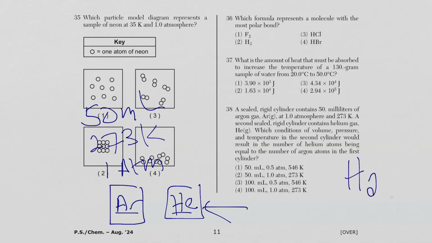That would have been a little bit more difficult to check out. But here, these are both monatomic, so it's 1 for 1. So it's real simple here. We would want the same exact parameters. We want 50 mils, we want 1 atm and 273, which sure enough is choice 2.